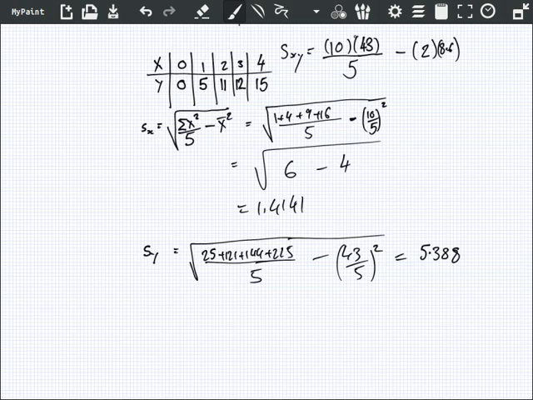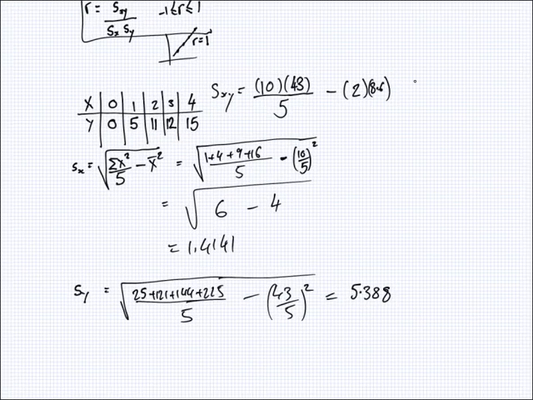Okay, so what do we get for SXY? 68.8? Is that right? This formula doesn't have a square root in it, does it? No, there is no square. It's 10 multiplied by 4.3.